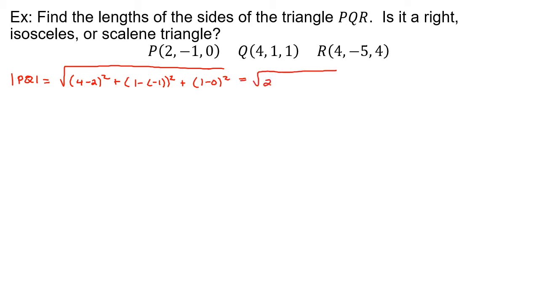So that'll be a 2 squared, a 2 squared, and a 1 squared. Oh, this will come out nice. A 2 squared is 4 plus 4 plus 1. That is the square root of 9, which is 3. So that's a pretty good one there to work with. Let's do PR.